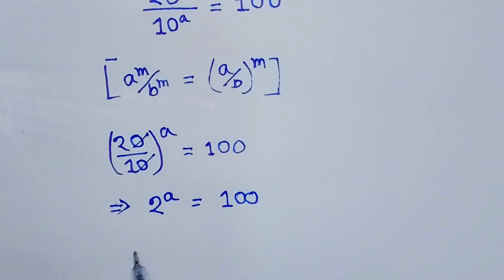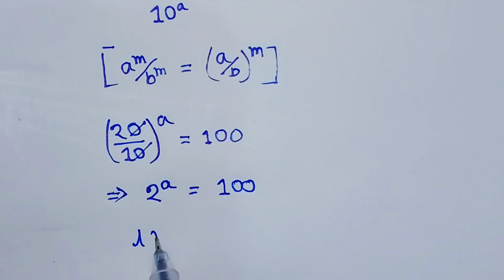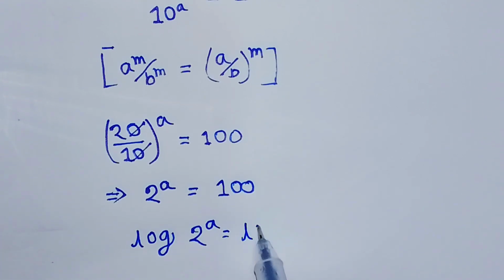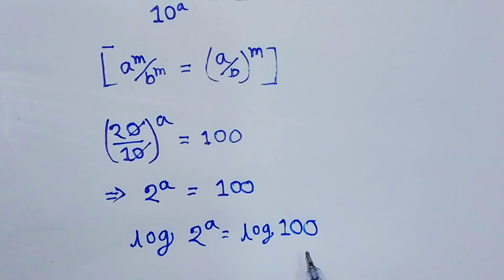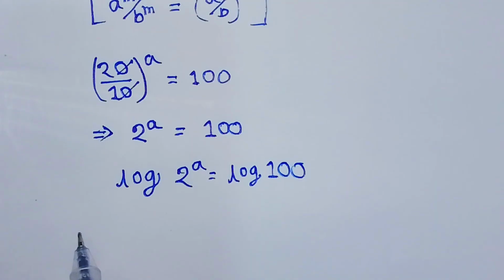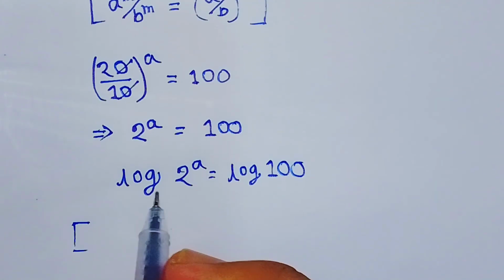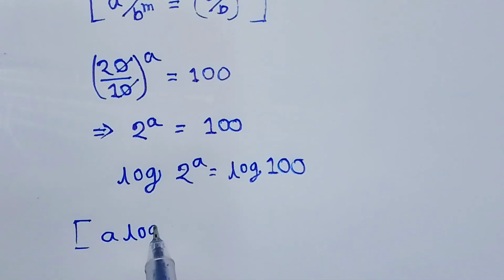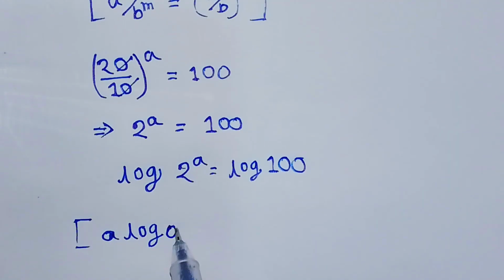So after that we will take the log on both sides. Then we'll get log 2^a equals log 100. After that we use another formula: log a^c equals c times log a.